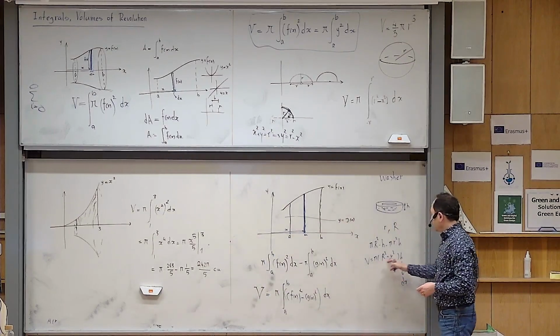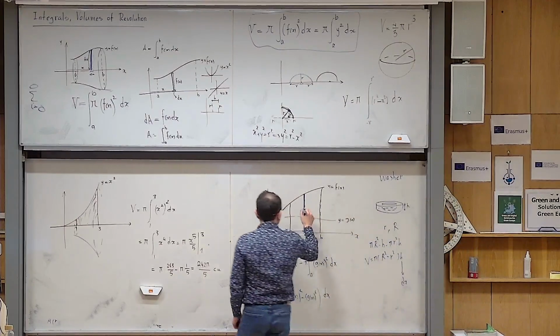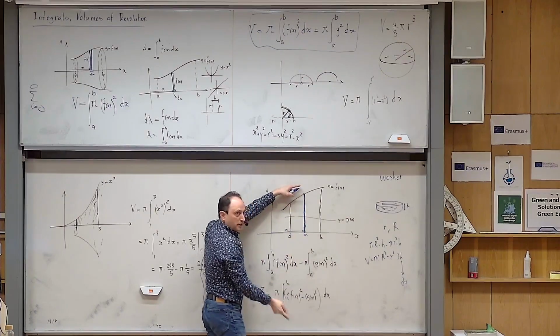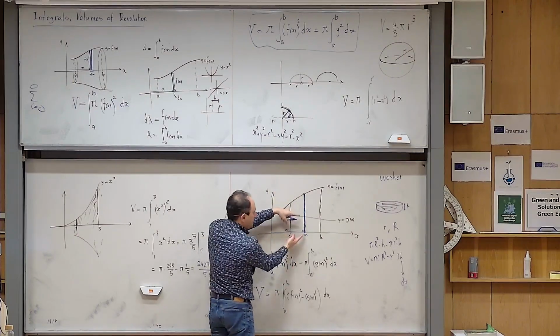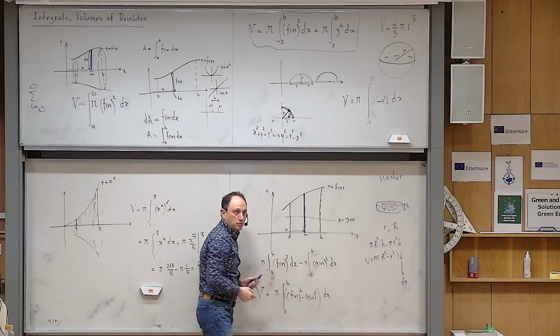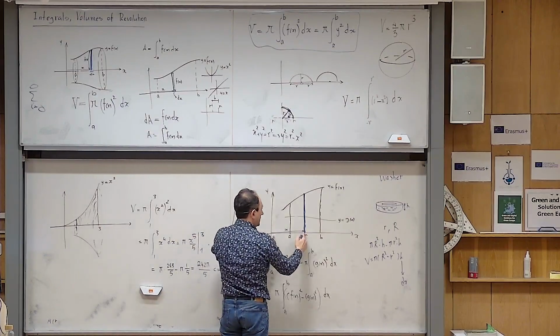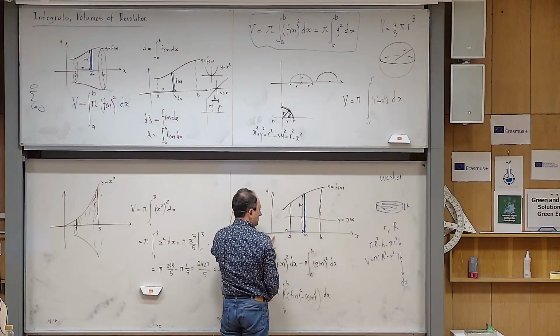But now I want to know what is playing the role of capital R. I hope that you see that this, rotated about the x-axis, will play the role of the bigger radius, and this one will play the role of the smaller radius. But now, if this is x, you know what this is: f of x. And if this is x, you also know what this is: g of x.